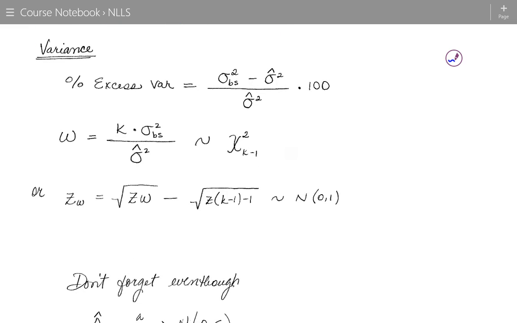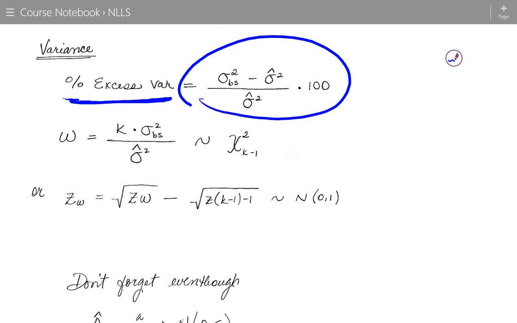Variance, you can look again at the percent of excess variance, and that's essentially taking the bootstrap variance minus the estimated variance divided by the estimated variance times 100. You can create a statistic that is k times the bootstrap variance divided by the estimated variance, and that's approximately chi-squared with k minus 1 degrees of freedom.